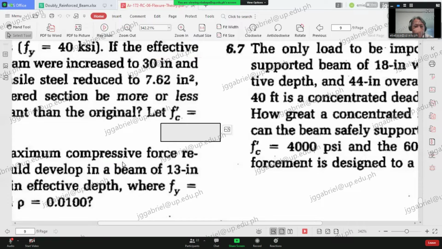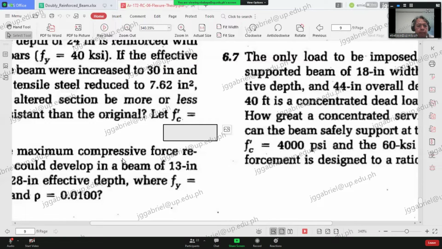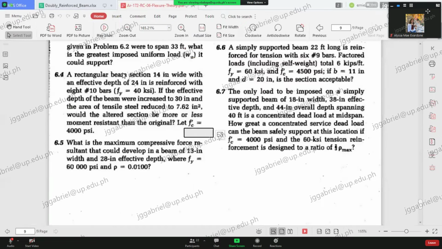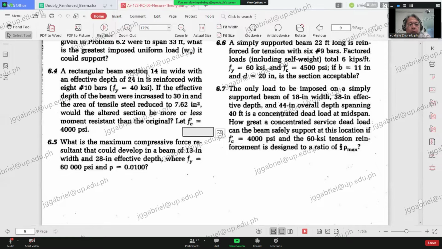Yes, sir. It says here, a rectangular beam section 14-inch wide, with an effective depth of 24 inches, is reinforced with 8 number 10 bars. Fy is 40 KSI.